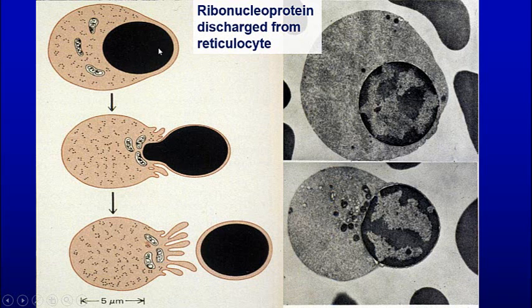And here we can see that reticular protein is discharged at a reticulocyte. So the nucleus is discharged from the orthochromatic normoblast, and once the nucleus is removed, it's a reticulocyte.